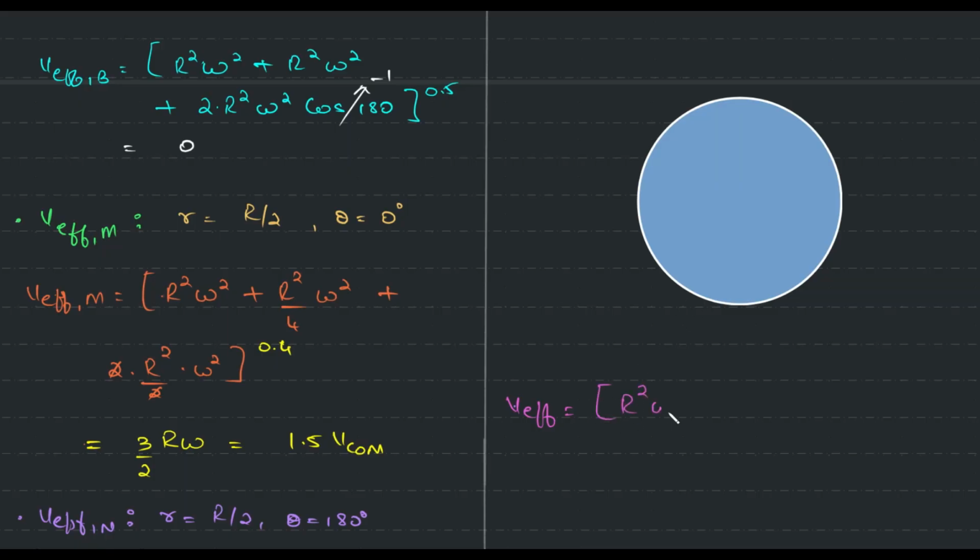All of this is r square omega square plus r square by 4 omega square. All of this will remain the same, but this will change. This will be minus r square omega square times 0.4. So basically this and this will get cancelled. 1 by 4 root is half, that is 0.5 times the velocity of center of mass.